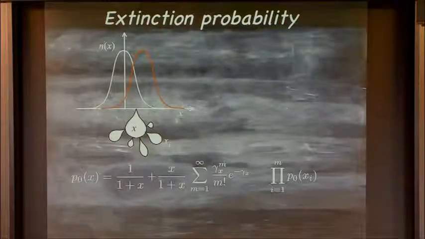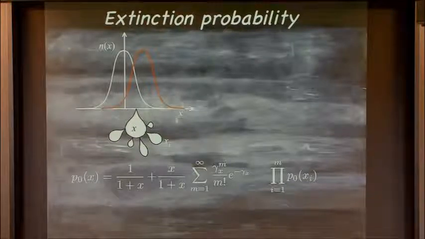So for this allele to become extinct, now all of its offspring have to become extinct, right? So now we take these m offspring, they live now in different backgrounds, and we say that the probability of extinction of the whole thing is just given by this expression. All of the offspring have to become extinct.